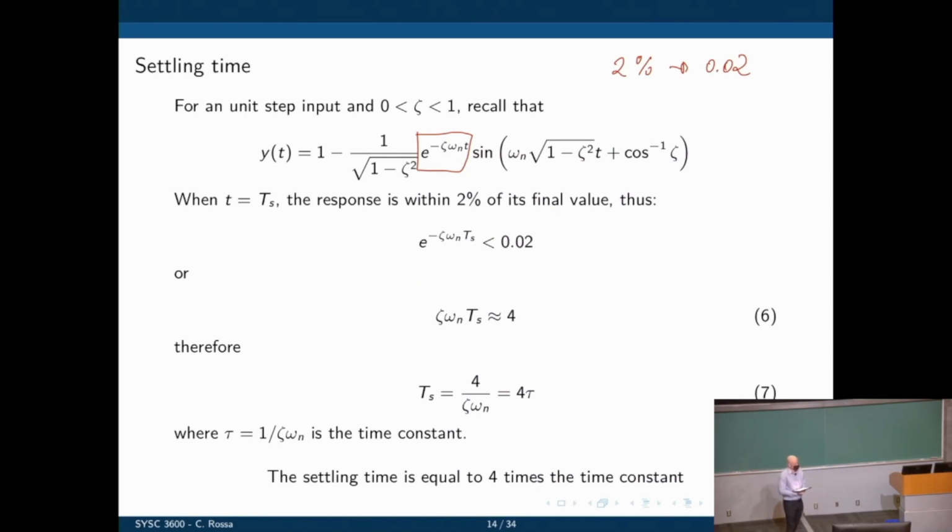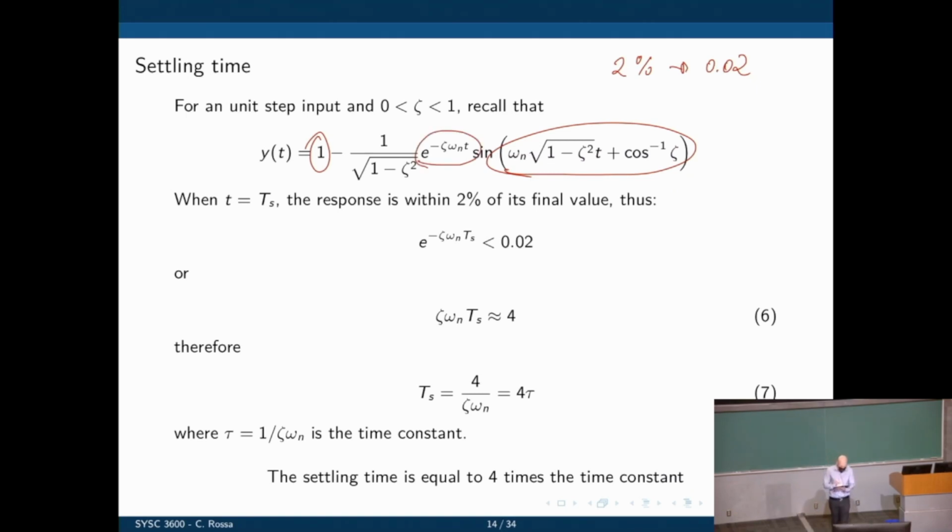Everything else is constant, but this is what is changing over time. So if we want our system to be within 2% of its final value, we need the exponential component to be less than 0.02. This other part here, we have no control there. It exists for time tending to infinity. It doesn't go away. So we are oscillating around 1, oscillating because of the sine, but the magnitude of the sine is controlled by the exponential.